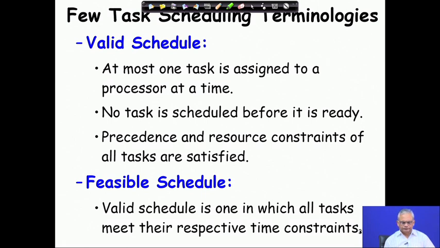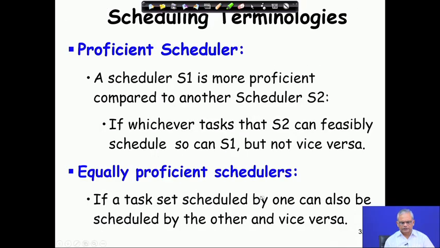But it does not say whether the deadline will be met. In addition to these aspects, if the deadline is also met, then we call it a feasible schedule. So, for a valid schedule, if the task deadlines are also ensured to be met, then we call the schedule prepared by the scheduler a feasible schedule.